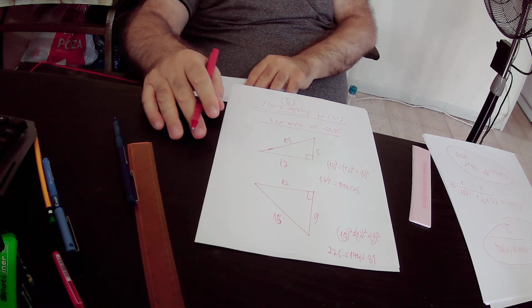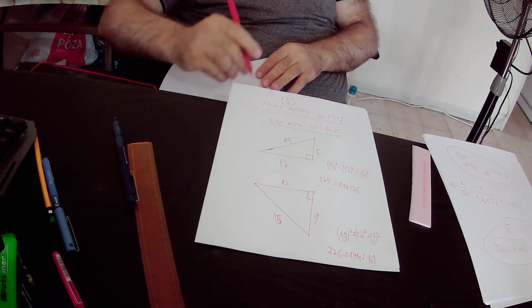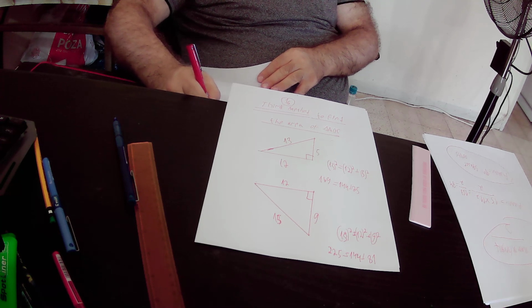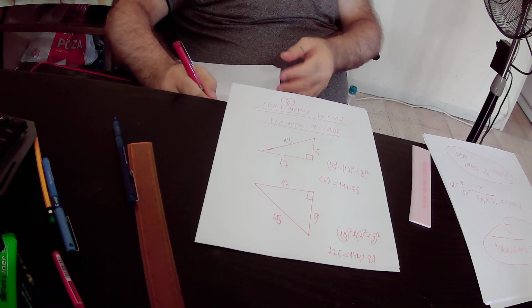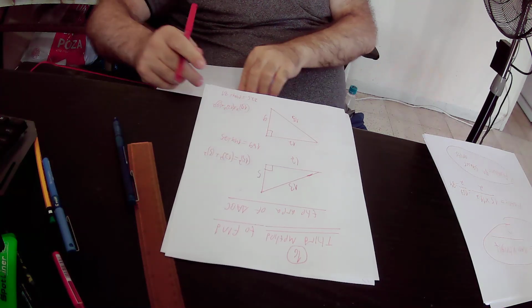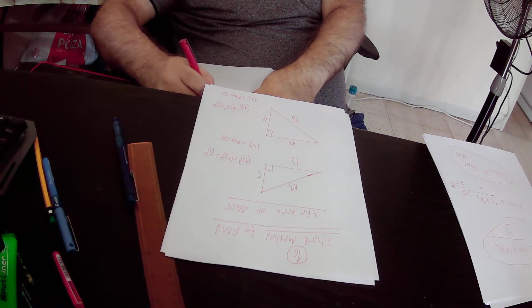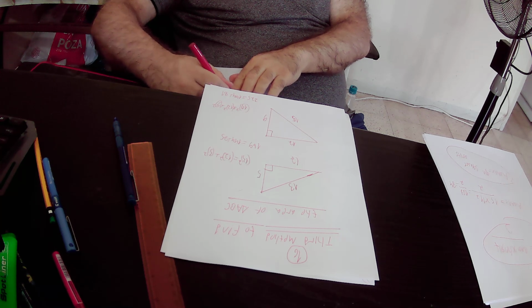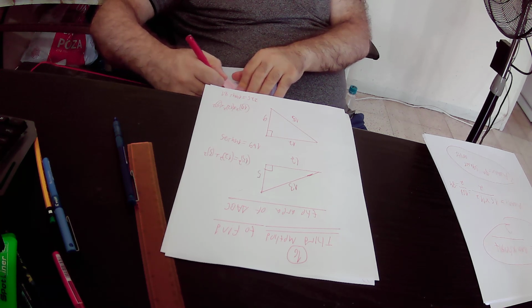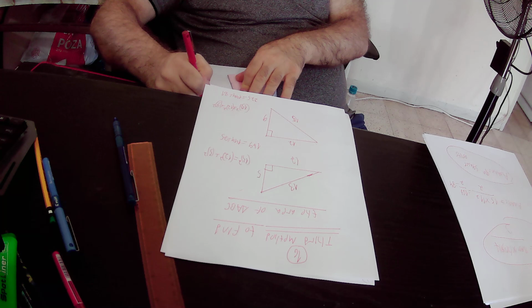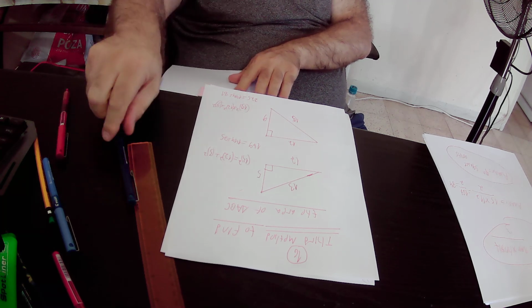So I can show you that if we combine these two triangles together, we will get the original triangle ABC. We will have here this side equal to 13 units, this side is 15 units, and this side equals 14 units.